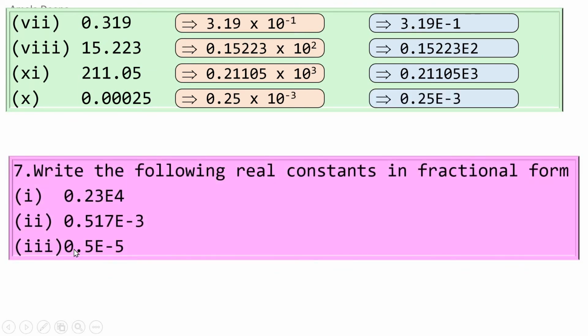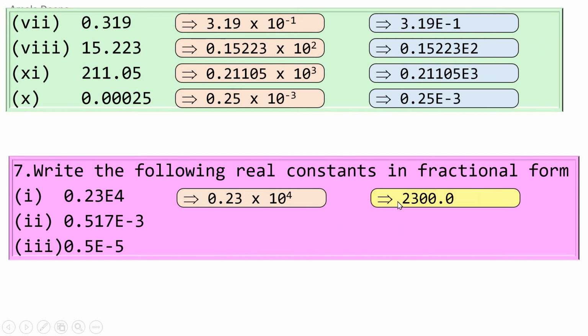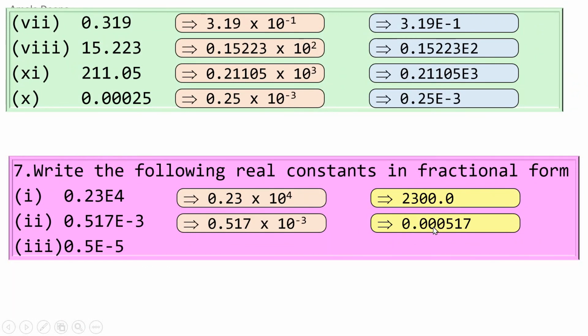In the 7th question, the values are given in exponent form and you have to represent them in fractional form. So 0.23E4 is nothing but 0.23 into 10 to the power 4. You multiply and write 2300.0. 0.517 E minus 3 is 0.517 into 10 to the power minus 3, which is nothing but 0.000517 in the fractional form.